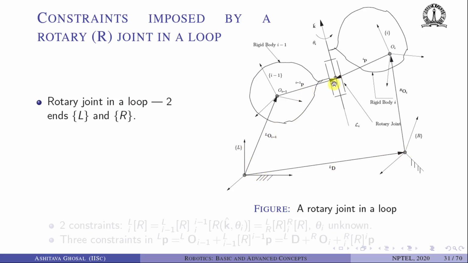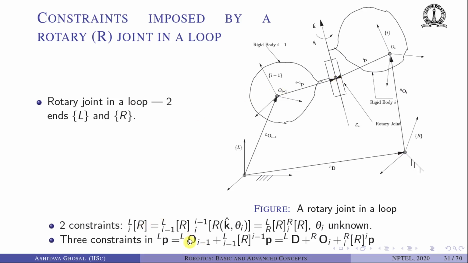Likewise, I can also reach this point by going from the left fixed coordinate system to the right fixed coordinate system, because in a loop there will be more than one fixed coordinate system, and then we can go from R to ith and then I p, from the origin of the ith coordinate system to the point on the joint axis. So we have L O I minus 1 plus I minus 1 p plus L R equal to this. Again we have a vector equation with 3 constraints.